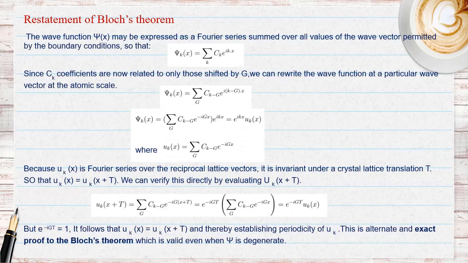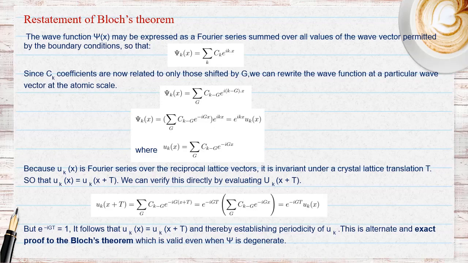We will discuss the restatement, or the exact proof, of Bloch's theorem, which is even applicable to degenerate wave functions, that is, energy eigenfunctions having the same eigenvalue. In the derivation of the wave equation, we saw that the wave function psi of x can be expressed as a Fourier series summed over all the values of wave vector permitted by the boundary conditions.